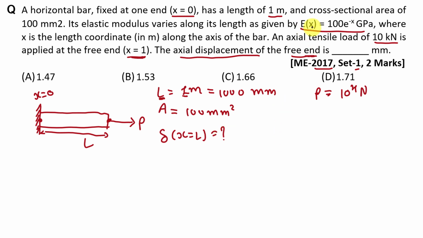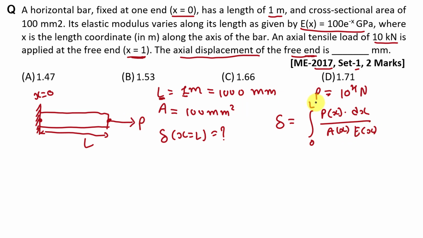Now here the value of E is not constant, so we have to use the equation delta is equal to integration from 0 to L of P as a function of x into dx divided by A as a function of x and E as a function of x. Fine.